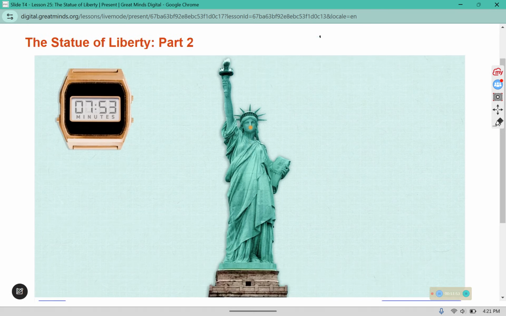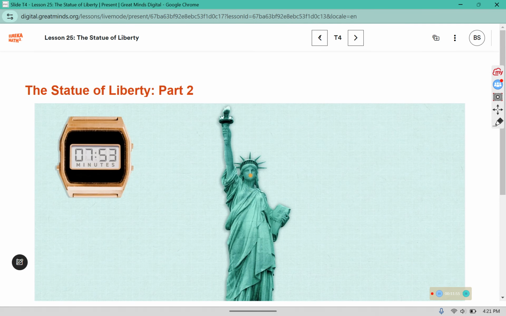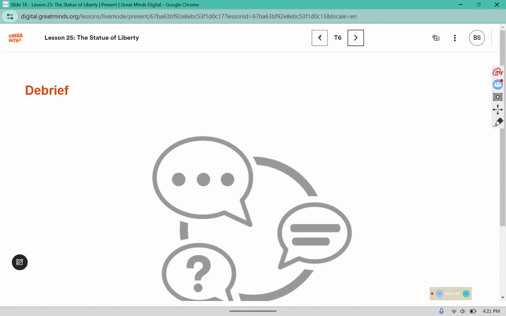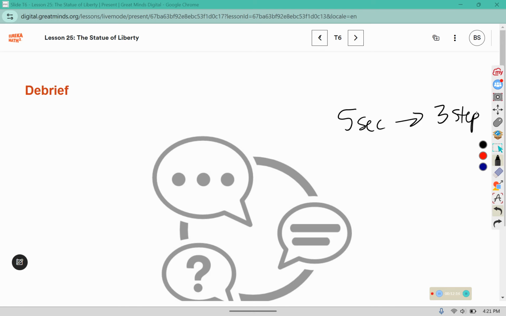Instead of 3 steps in 5 seconds, she may have taken more steps, which would attribute to the change in our approximation for the total height. So we could go back and we can change our rate from 5 seconds being 3 steps to 5 seconds being more steps, like 5 steps.